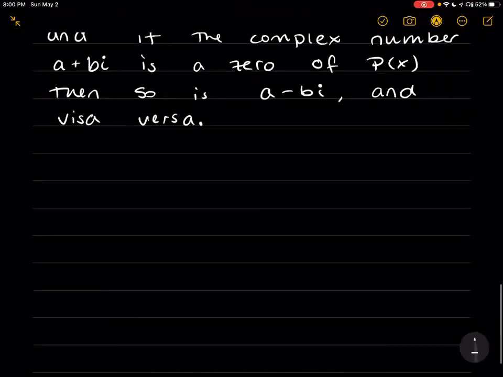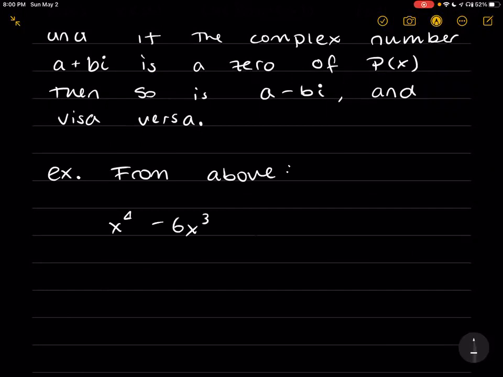So for example, if we look at the above example, we had the polynomial x to the fourth minus 6x cubed plus 11x squared plus 12x plus 18. This thing had 2 complex roots.